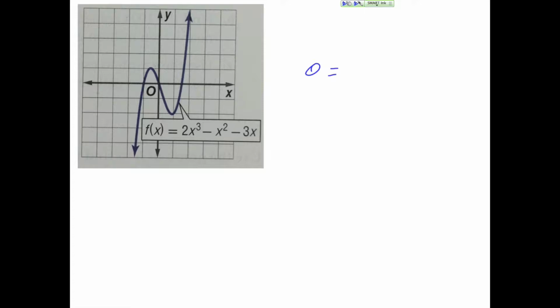Alright, so we're going to set 0 equal to my function, so 2x cubed minus x squared minus 3x. And we're going to solve that for x. When I solve it for x, that will give me the zeros.